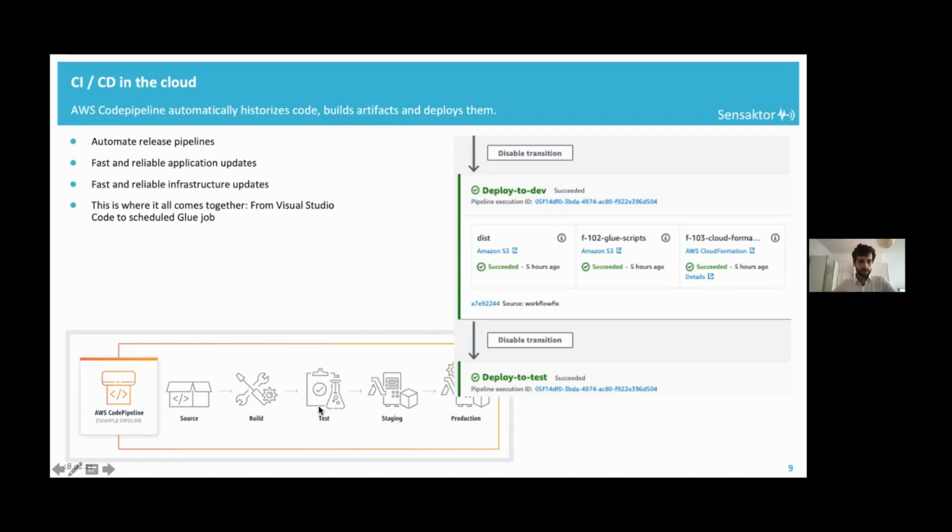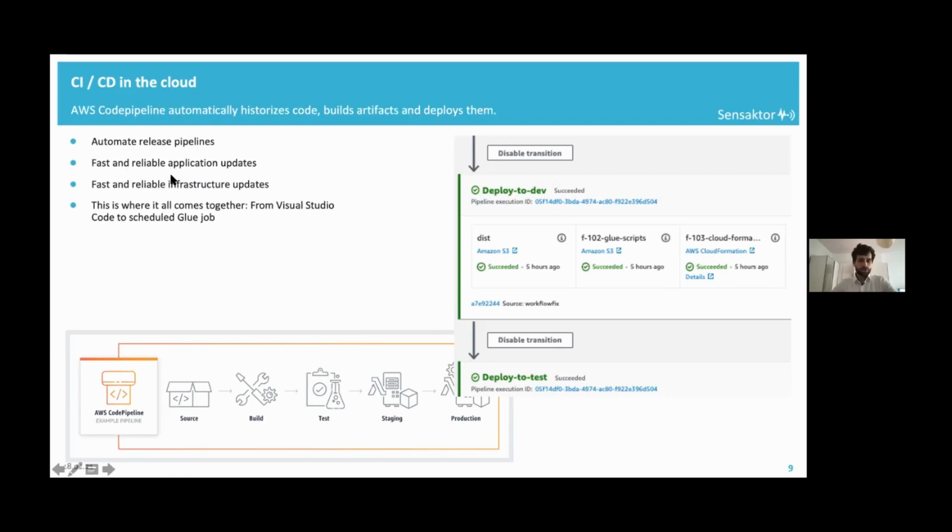The test environment can then be analyzed, can be tested, automatic testing can be done, manual testing can be done, and it can be reviewed. After successful review, you then put exactly the same build artifacts into staging and then finally into production. So you can be sure that everything you have tested is exactly the same version as you are putting into production.